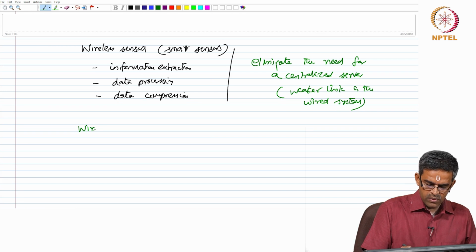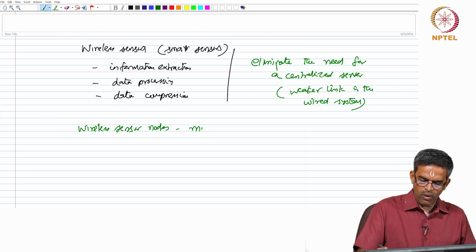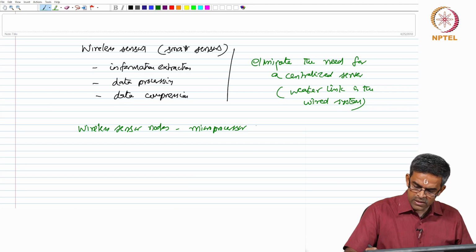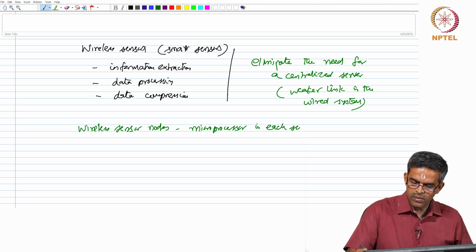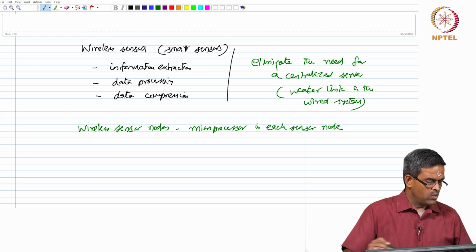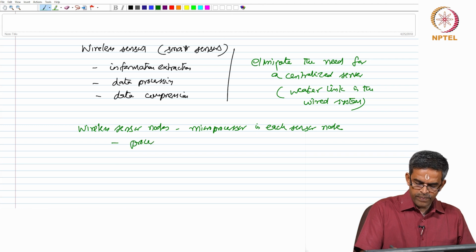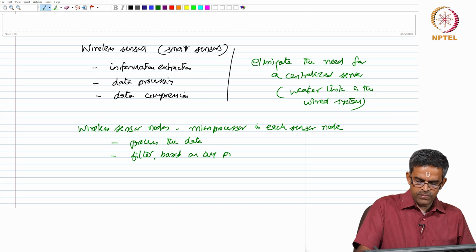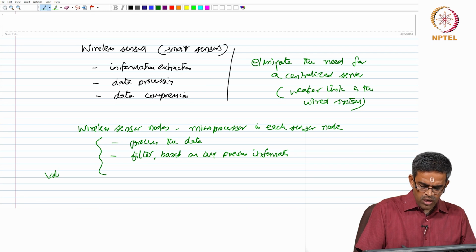Wireless sensor nodes also have a microprocessor, which we saw in the last lecture, in each sensor node, which can process the data, filter the data based on any previous input, so this reduces the volume of data to be transmitted.